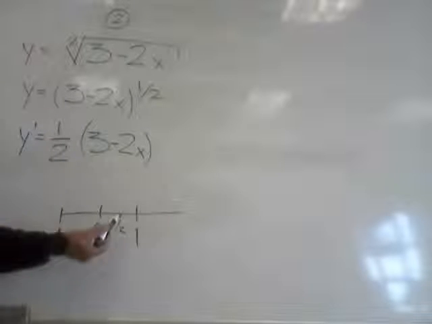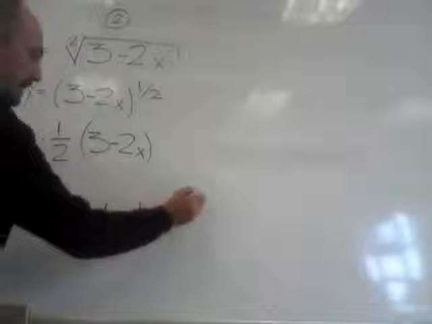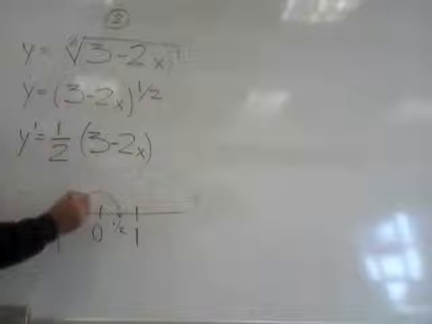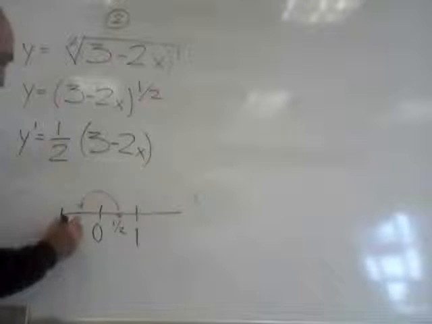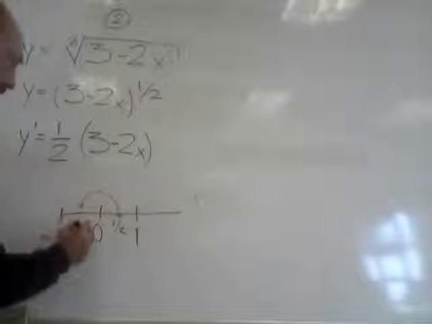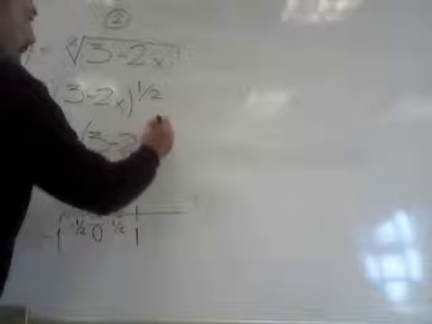I'm going to move 1, negative 1. Remember that this is the negative side, this is the positive side. So I'm going to 1 right here. So I know without doing anything, just by intuition, that this will be negative 1/2. Okay? Negative 1/2.